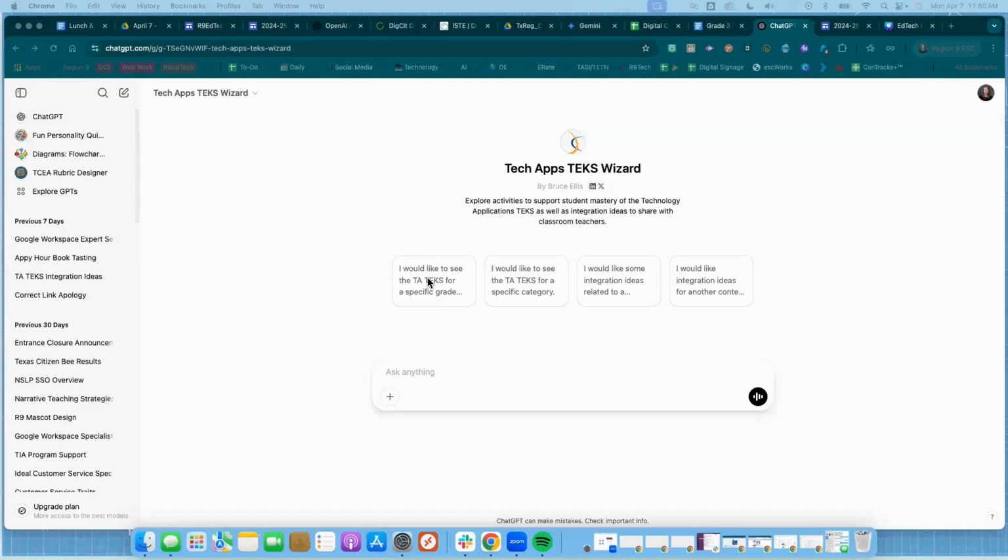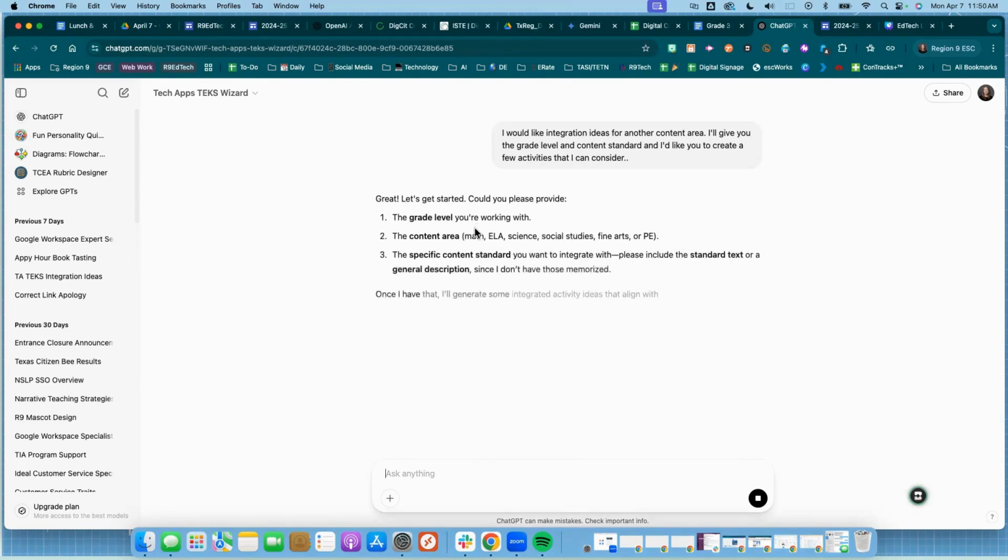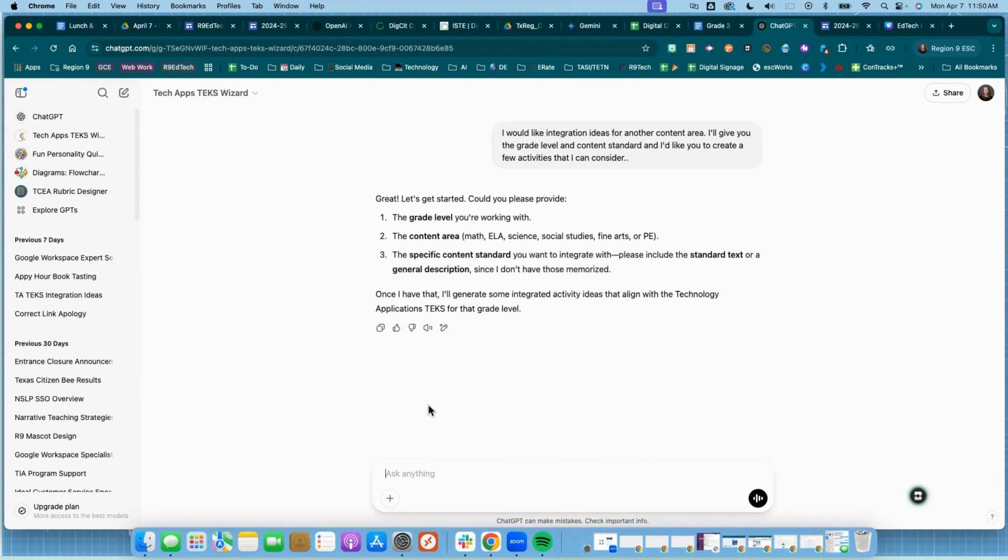So one of them is, I want them for a specific grade. I'd like to see integration ideas for another content area. And so you can pick that, and it's going to start you off with a prompt, and then it's going to ask you those questions. So same thing, it's just asking you what content you want to work with, and it will keep doing that. So pretty impressive that it will do that as far as learning those standards.